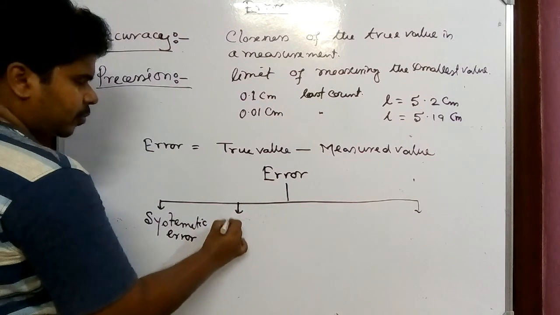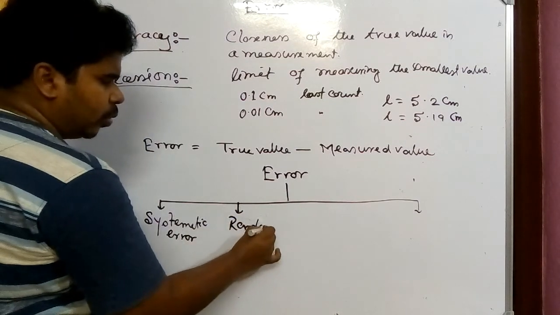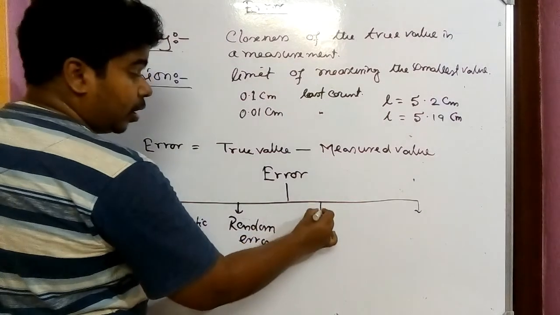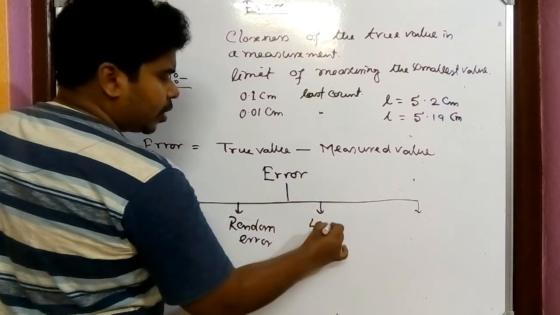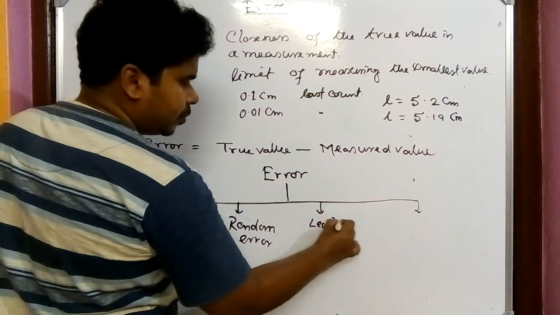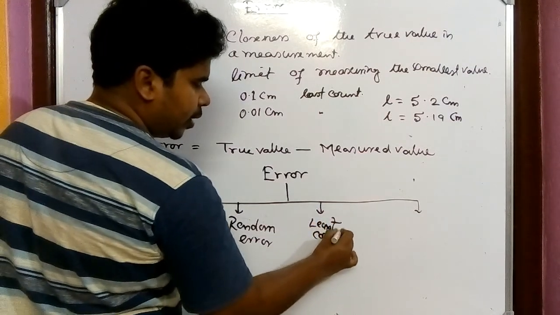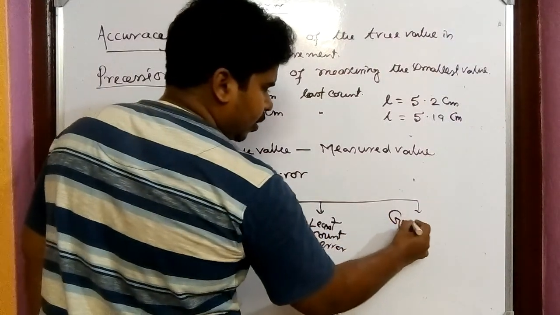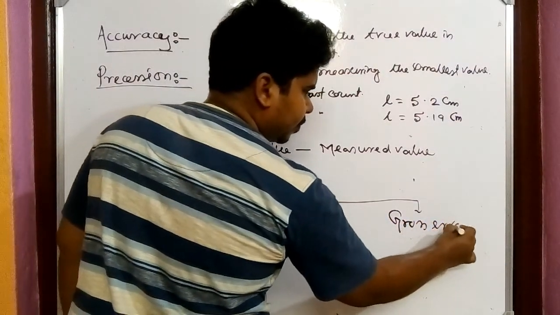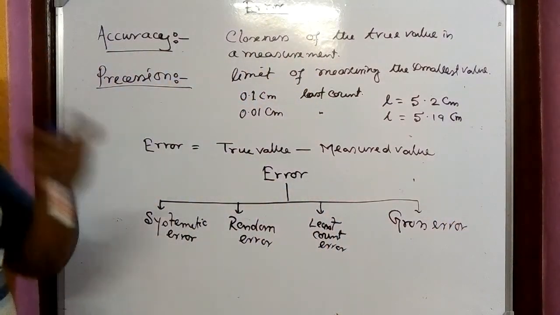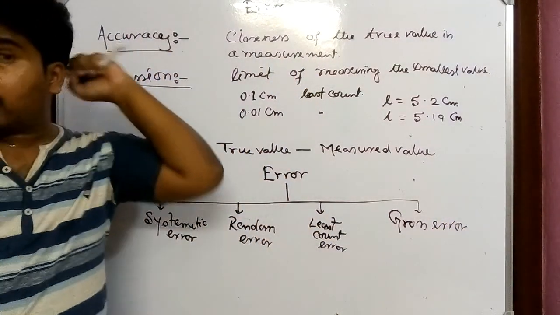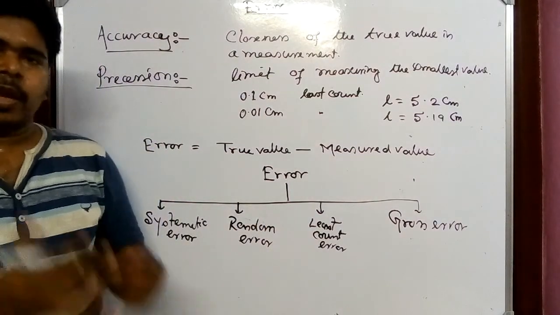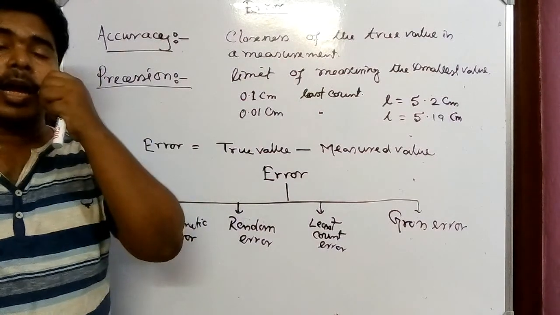Second, random error. No reason, it is random error. Third one, least count error. Least count you have already learned. And the last one is known as gross error. Okay, 4 types of errors, or we can say 4 sources of errors, by which the error can be introduced in a measurement.